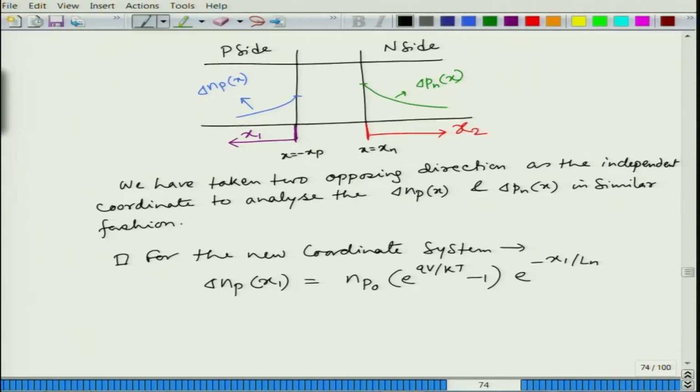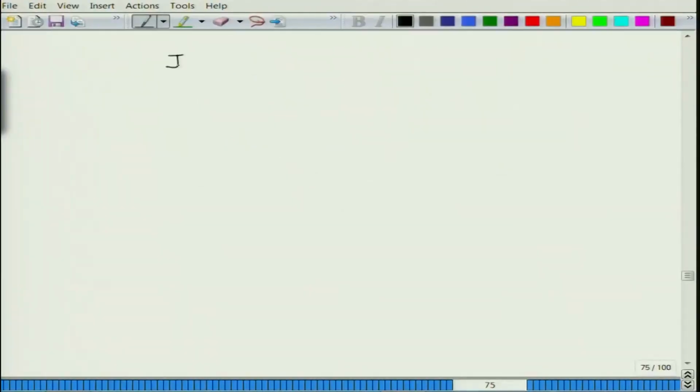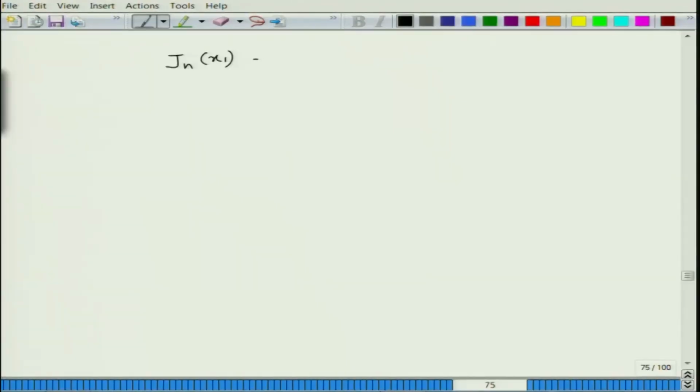So, please note that x_1 is introduced and you do not have to bother about the sign, because that is the sign you used earlier. Okay. So, if we put these in the expression of the current due to minority electrons in the x_1 direction, we have q D_n d(delta n_p(x_1))/dx_1. This is the definition of J_n.